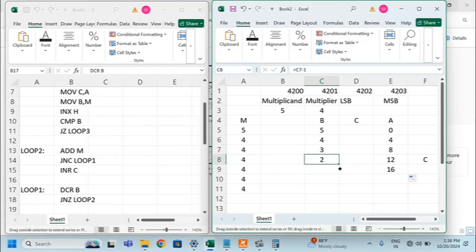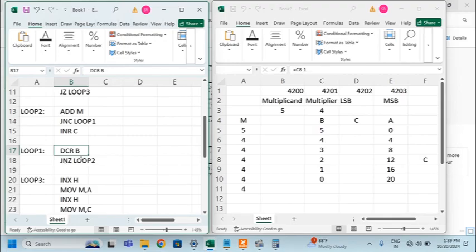This is 1. After decrementing, is it 0? No, we are adding one more time, so it becomes 20. Now when we are decrementing, it is 0.